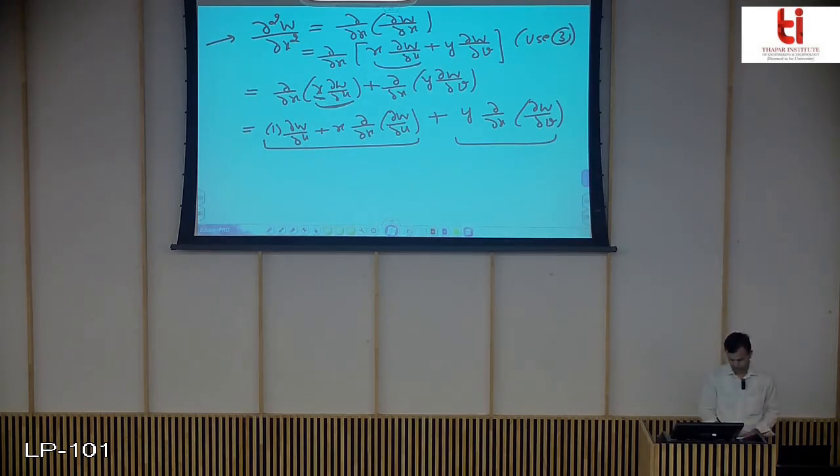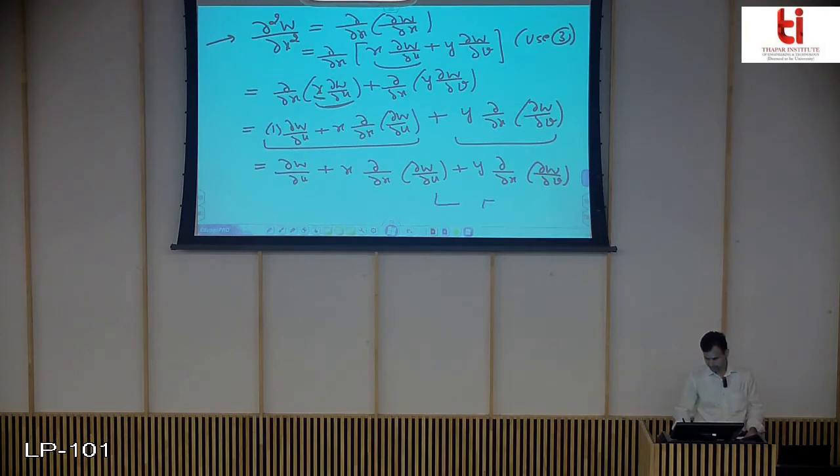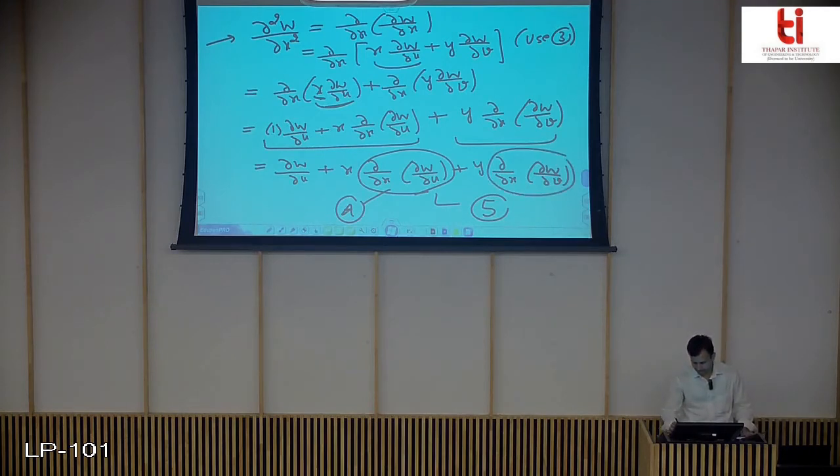So let me write it more properly: del w by del u plus x del by del x of del w by del u, plus y del by del x of del w by del v. So now I am writing this as equation number 5. I take this term, excluding the first, as a, because these are the main two terms that we need to find, and this is the second term. Let me take it as b.